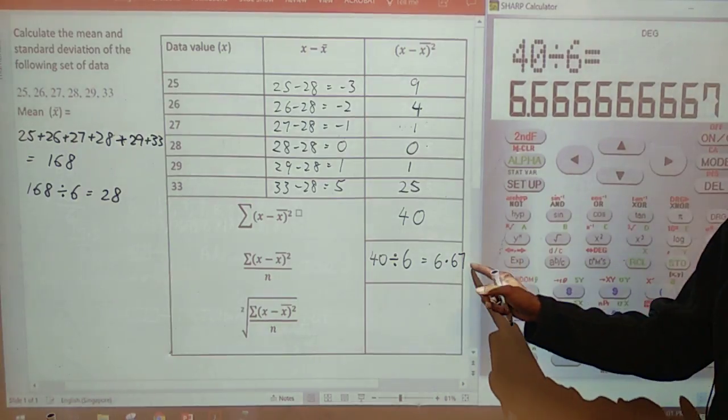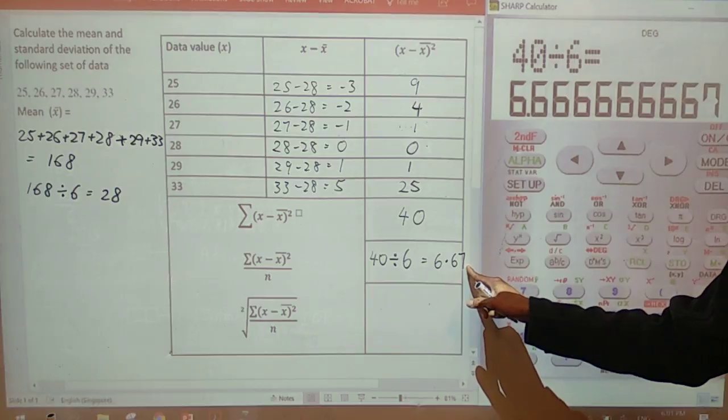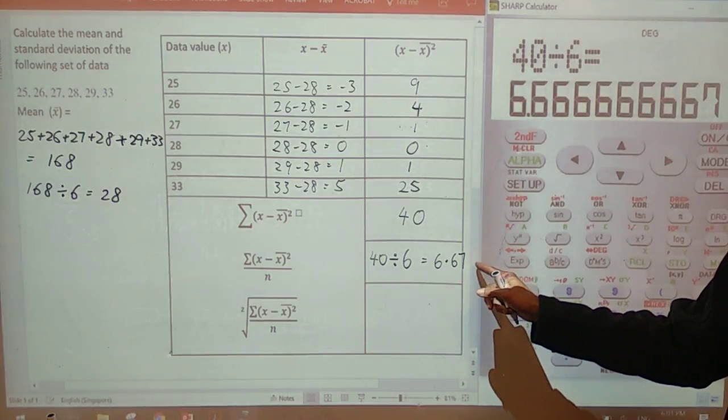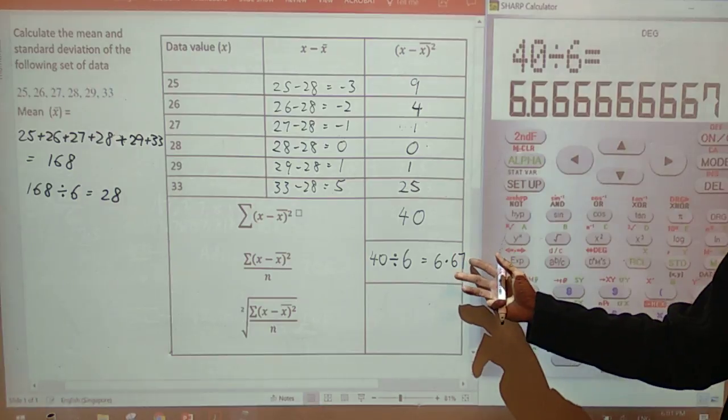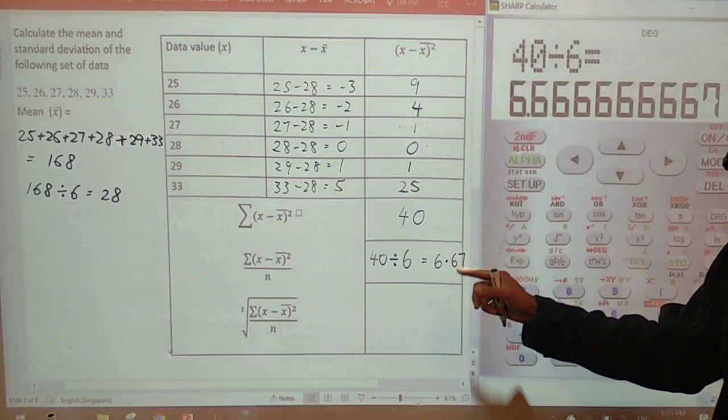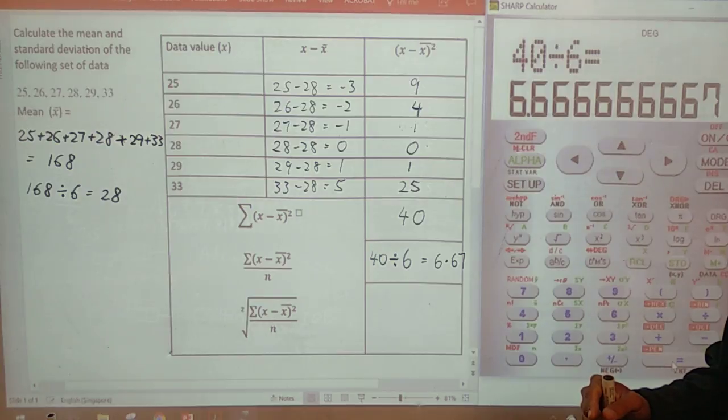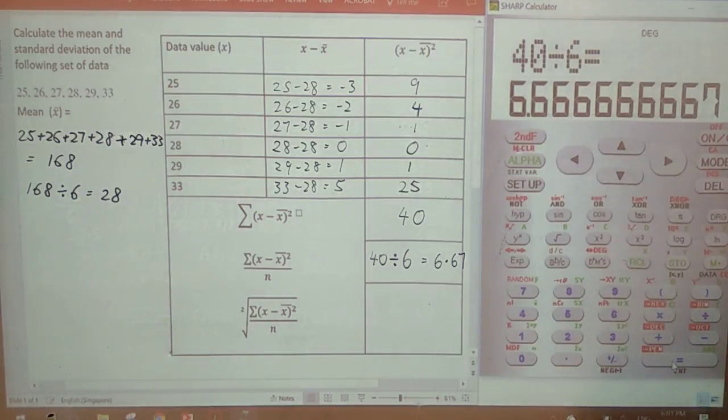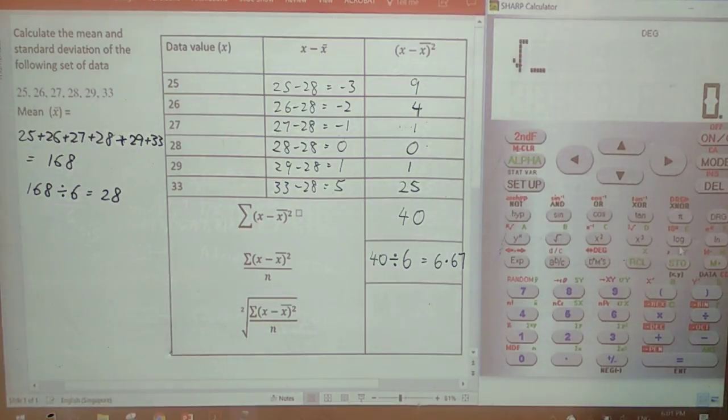And now, because we have squared these values, these are actually the sum of the squares of the values, so we're going to have to square root this value to get the average difference. We're going to store that as the answer, and then square root the answer, which is found by clicking on the recall button.